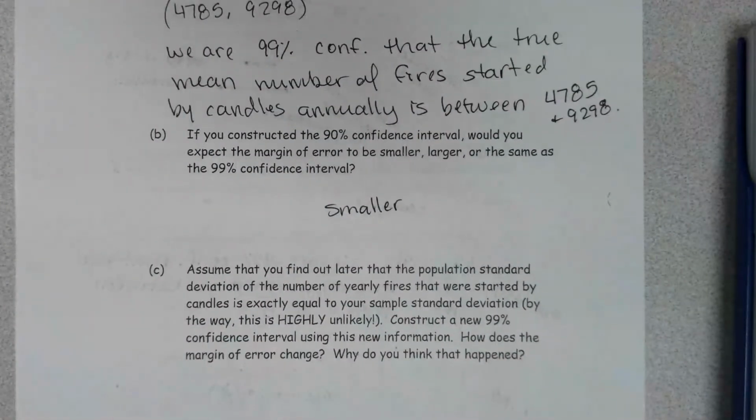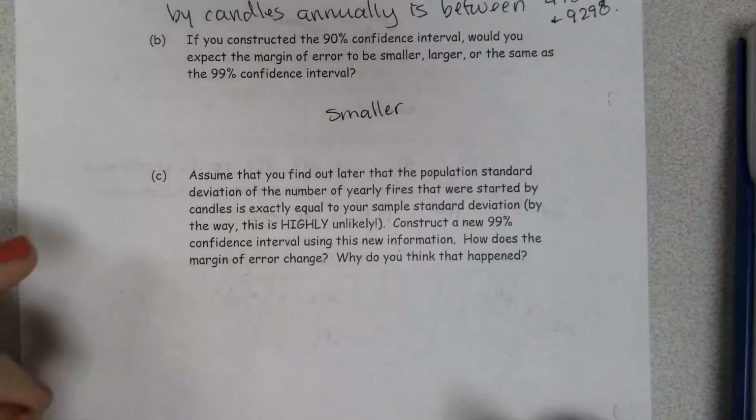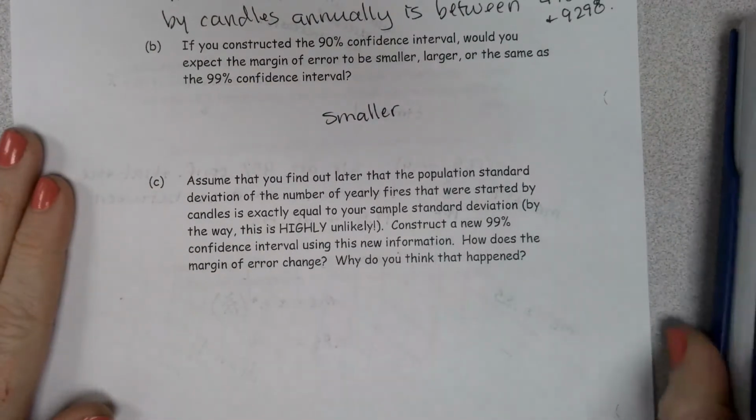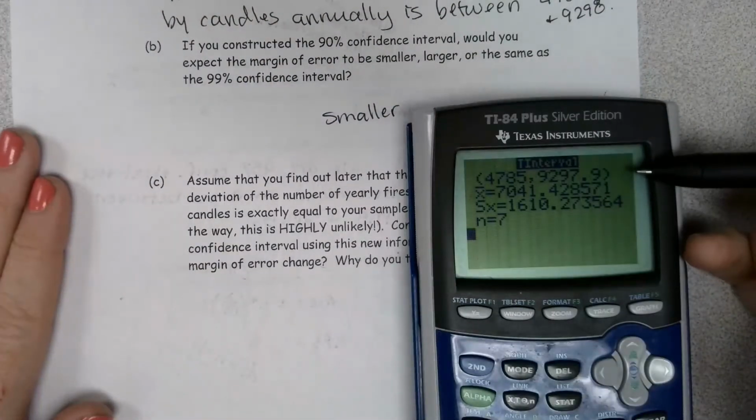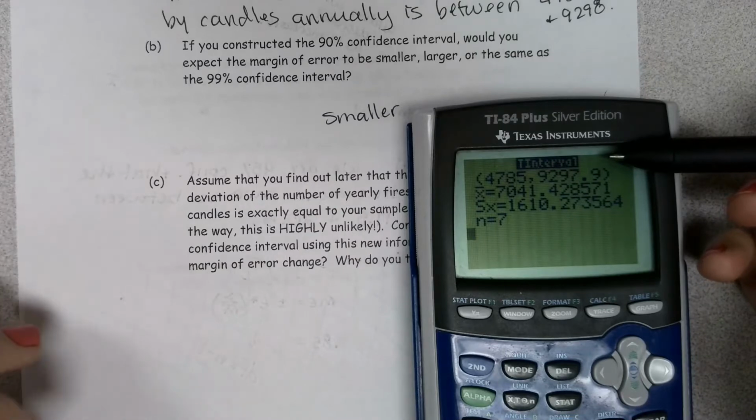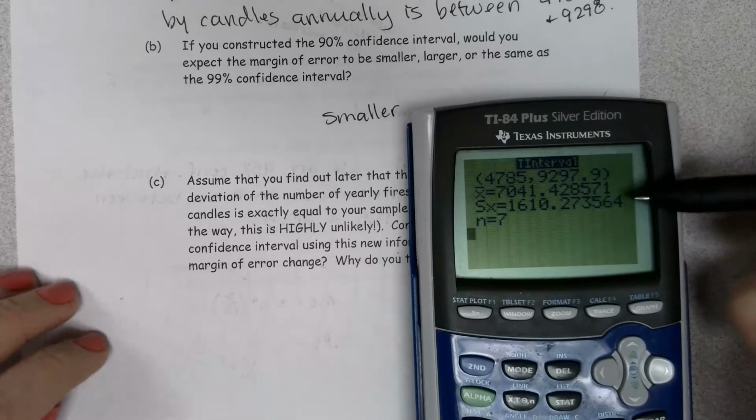Okay, so now assume that you later find out that the population standard deviation is exactly equal to your sample standard deviation. So what we're going to do is construct a new confidence interval using this new information. So I still have this on my calculator. We ran this as a t interval because we did not know the population standard deviation.